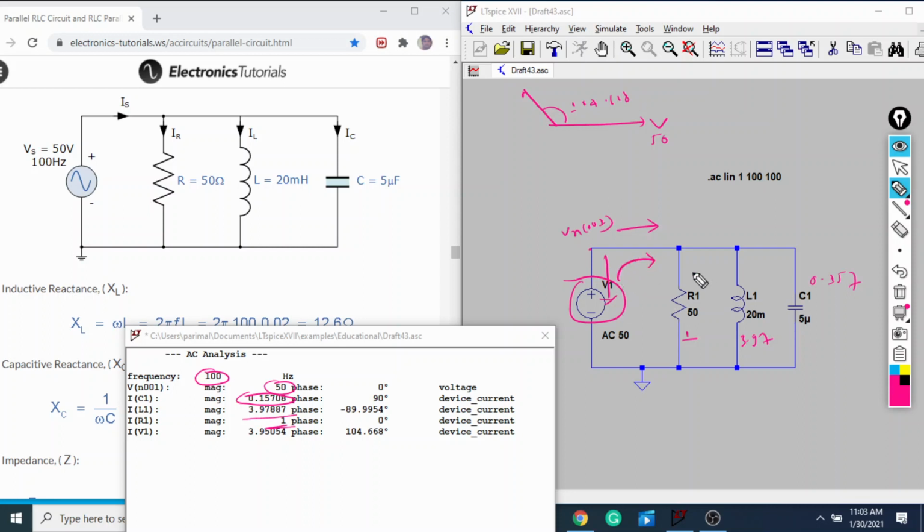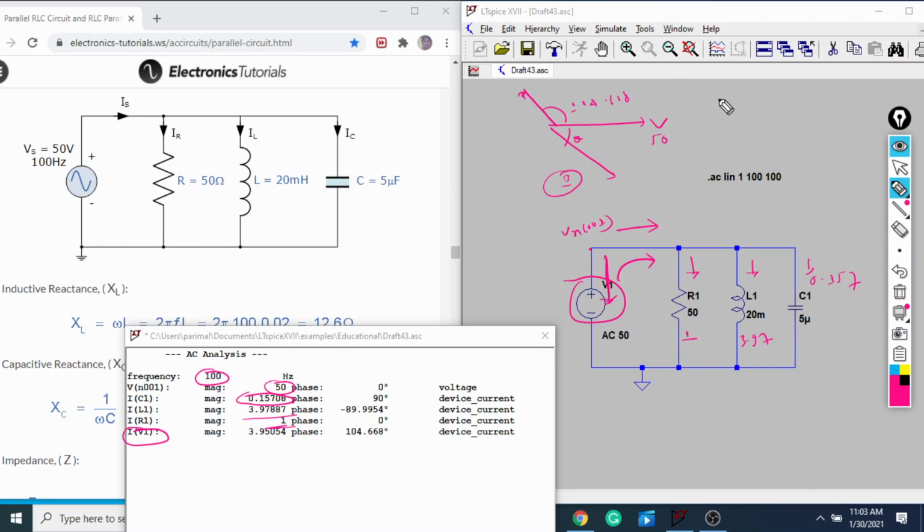But actually what is happening? Current is coming out of here and it is going this way, but this simulator always calculates current going inside the voltage source. So if you want to calculate the actual current, it will be the negative of what we have calculated, IV1. So this is the real current, and what will be the angle?